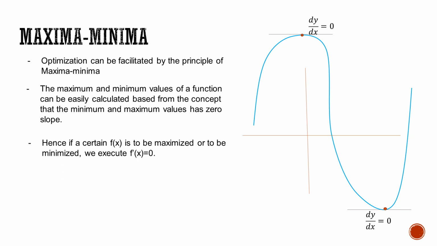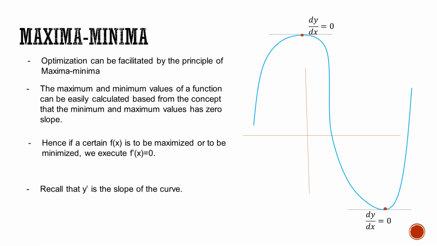If a certain function of x is to be maximized or to be minimized, we will just have to differentiate that function with respect to a certain variable. Hence, we have f prime x. We just equate that to 0. So remember, differentiate mo lang yan sa isang variable and just equate it to 0.